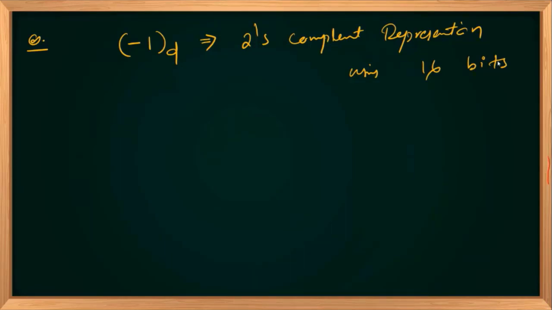You should represent minus 1 decimal in 2's complement representation using 16 digits, or 16 bits. Please note that you are going to represent a negative number, so the MSB will be 1, and you should use 16 digits. What's your answer?